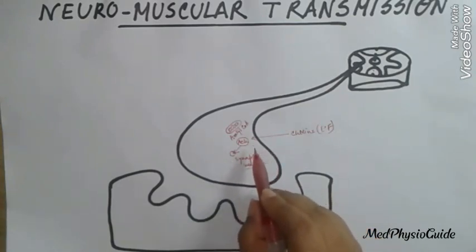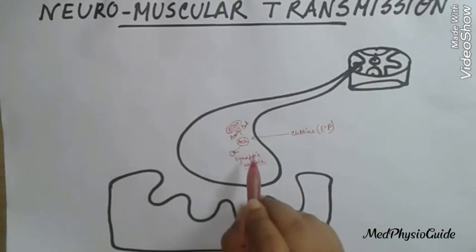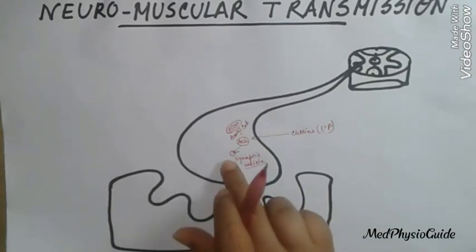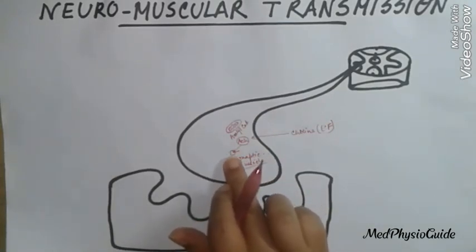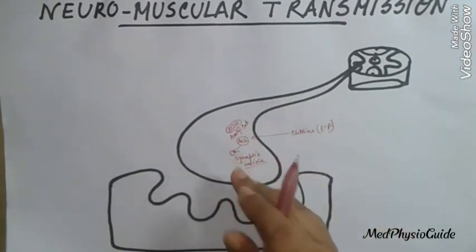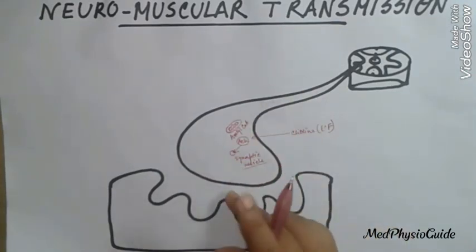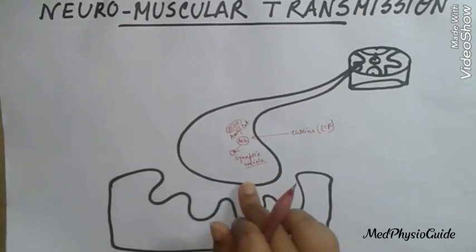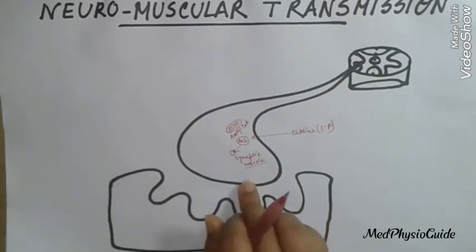And now what happens is that when the synaptic vesicles are loaded, then a few channels open up, which are sodium channels, potassium channels, calcium channels.